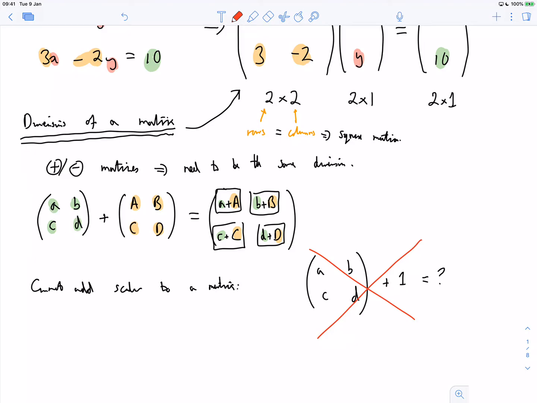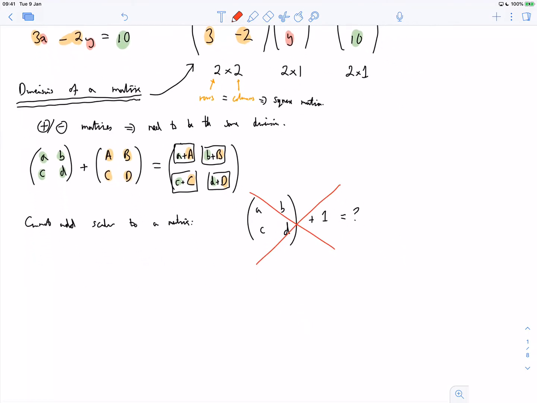What I can do, however, is multiply scalars by matrices, and that's totally fine. So suppose I wanted to add 1 to that matrix. What I could do is, well, it's not really adding 1, you'll see what's happening.